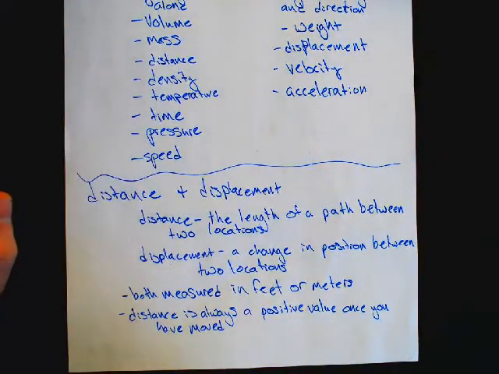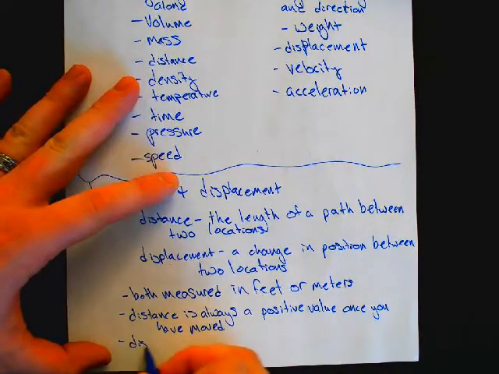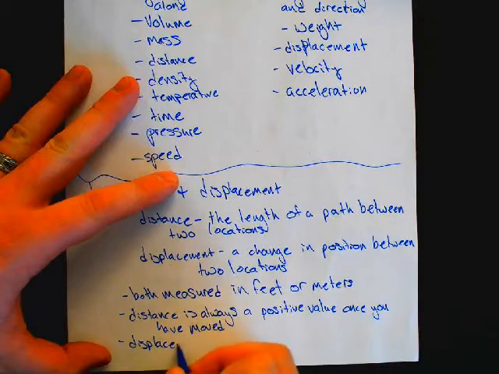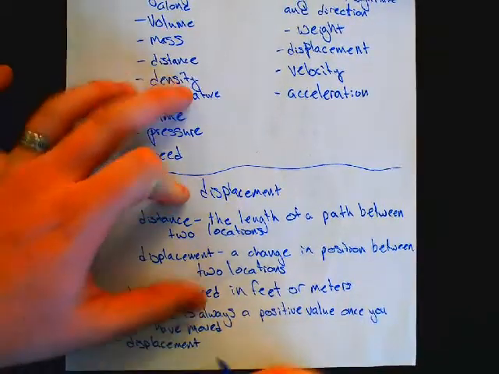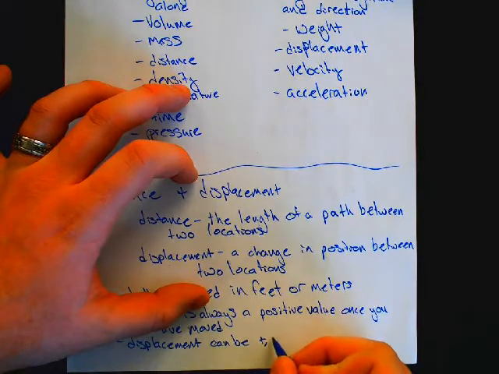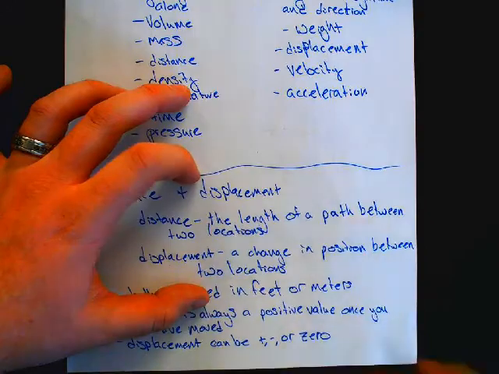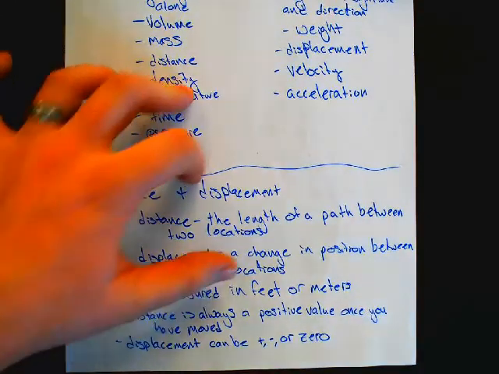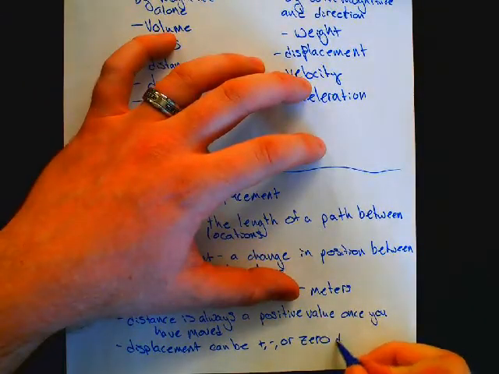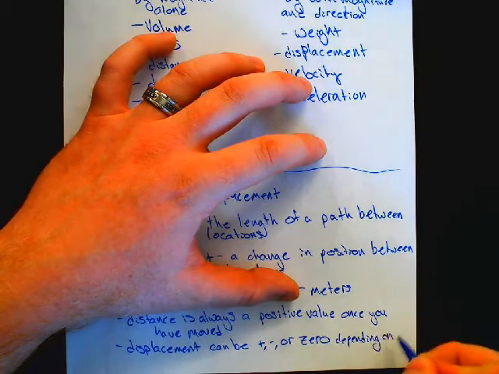Displacement can be a negative value. Displacement, I'll get to that in a sec, can be positive, negative, or 0, depending on where you are compared to your starting location, on the change in position.